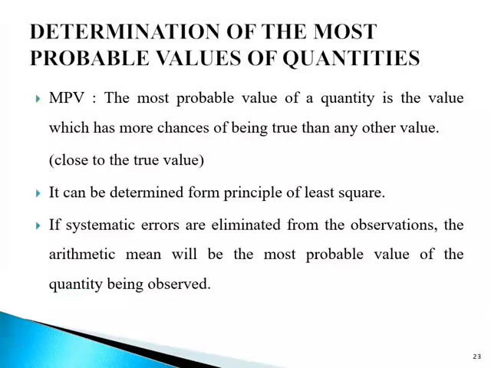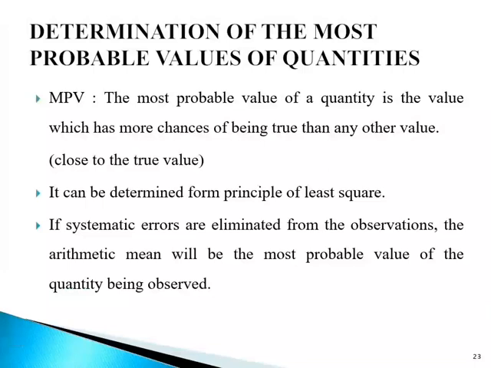The most probable value of a quantity can be determined from the principle of least squares. The theoretical basis of this principle is the assumption that the accidental errors will wholly disappear from the mean of an infinitely large number of independent observations taken under precisely similar conditions.